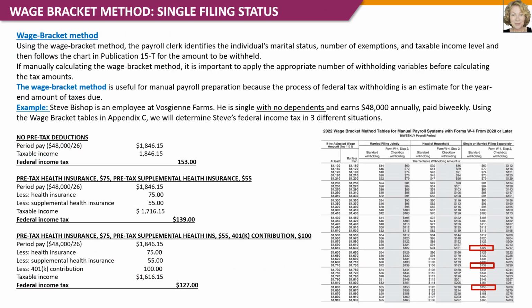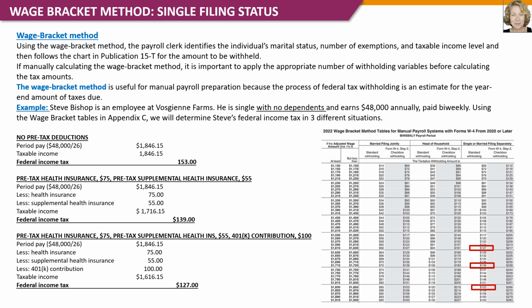Let's talk about the wage bracket method for calculating federal income taxes. Using the wage bracket method, the payroll clerk identifies the individual's marital status, number of exemptions, and taxable income level, and then follows the chart in Publication 15T for the amount to be withheld.